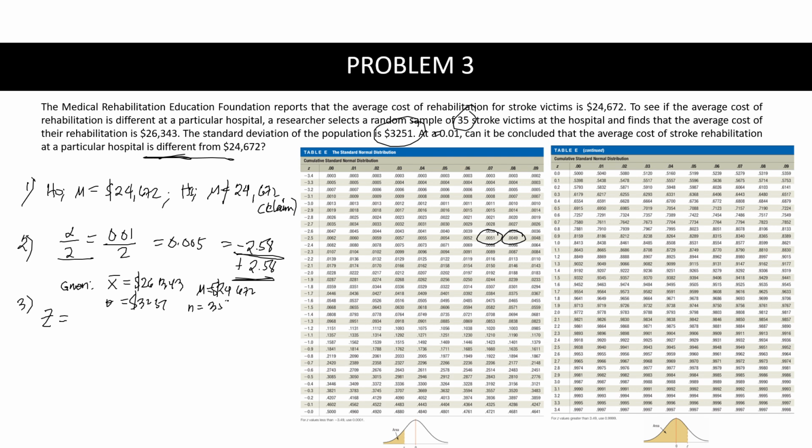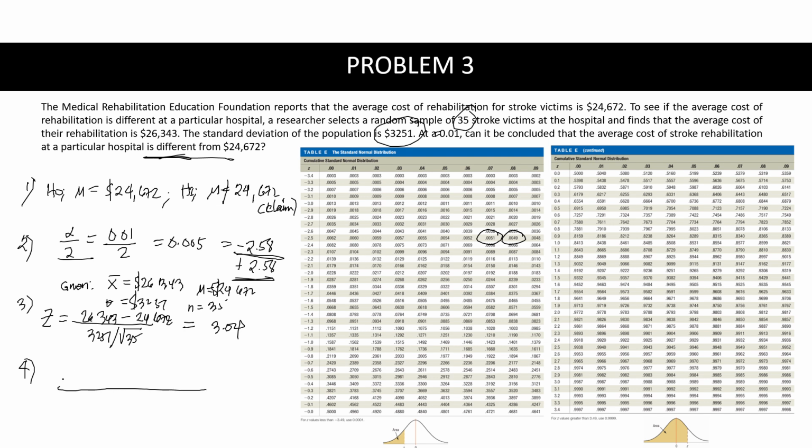So computing the Z, we have 26,343 minus 24,672 over 3,251 divided by the square root of 35. By using a calculator, we have 3.04.